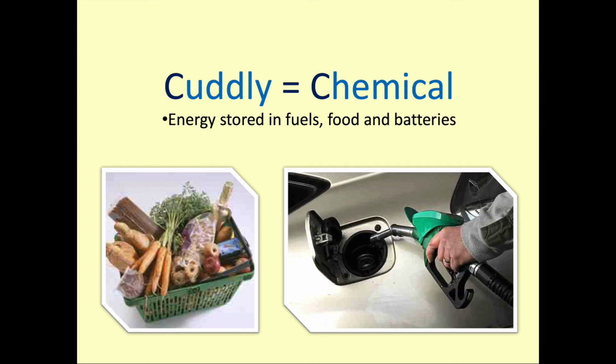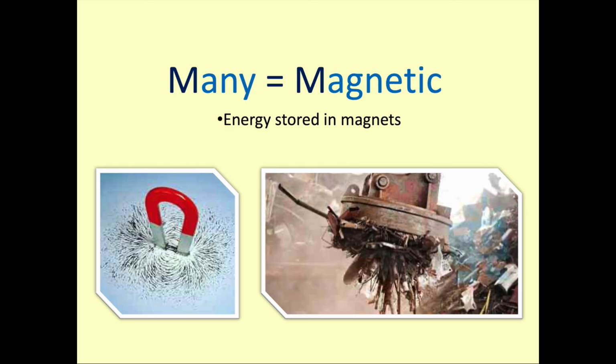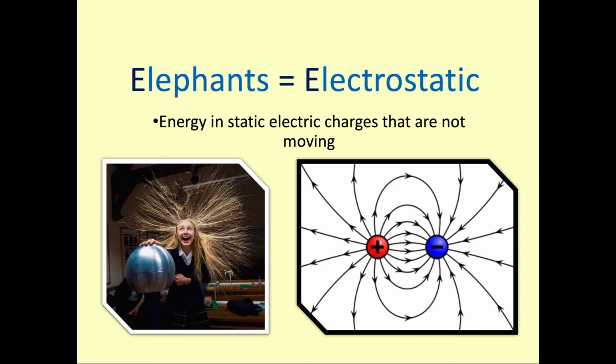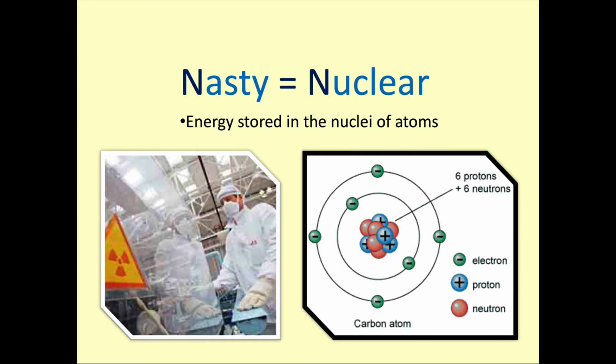Chemical, our energy stored in fuels, food and batteries. Magnetic, energy stored by magnets, so we talked about them being moved apart or pushed together. Electrostatic, energy in static electric charges that are not moving. So that's the crucial part of that, they are not moving. And then our nuclear is our energy stored in the nuclei of atoms.